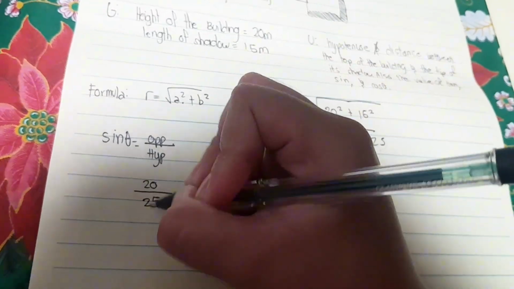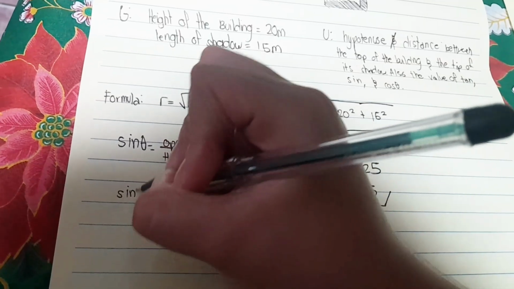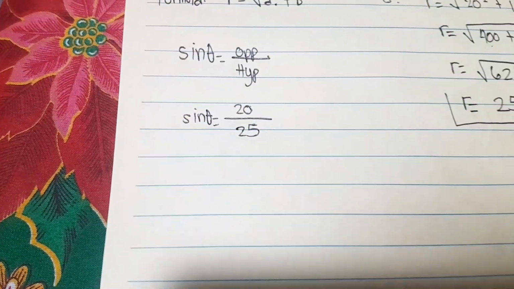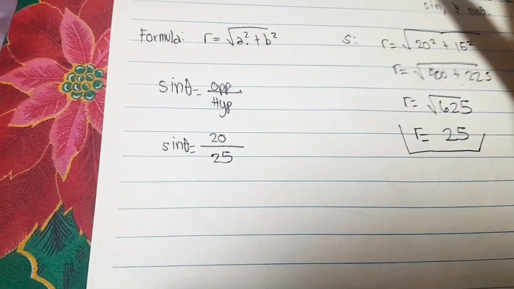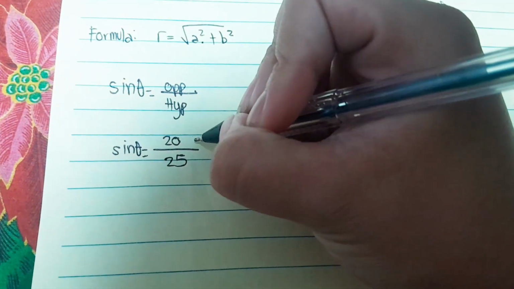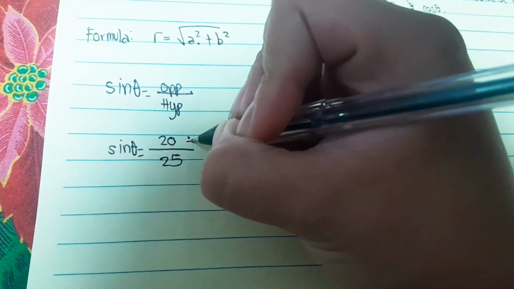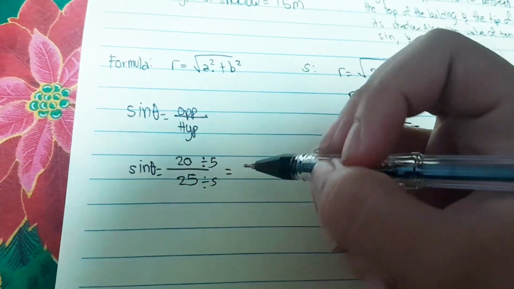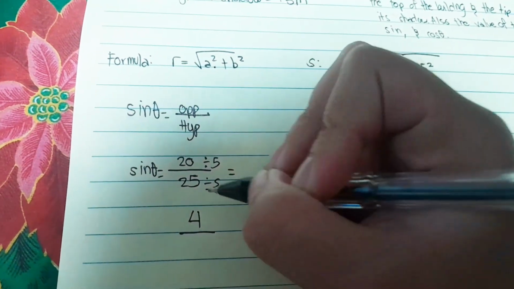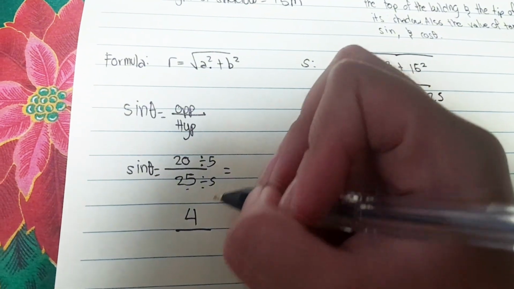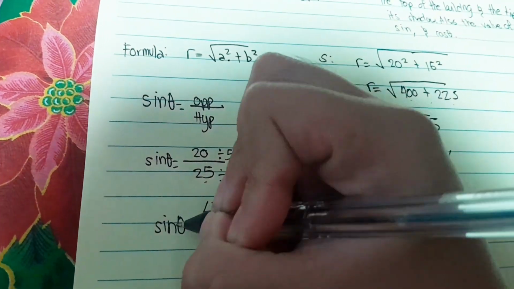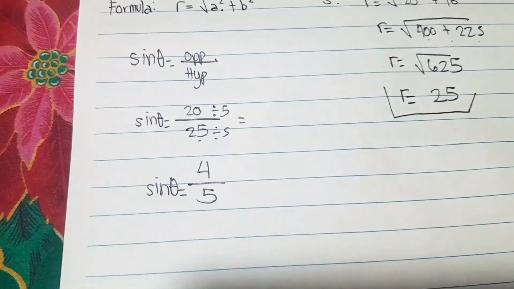So, 20 over 25 yung nakuha natin. Ngayon, pwede pa natin siya gawing lowest term. Pwede natin sila i-divide both in 5. So, 20 divided by 5 is 4, and 25 divided by 5 is 5. So, ang value ng sine natin is 4 over 5.